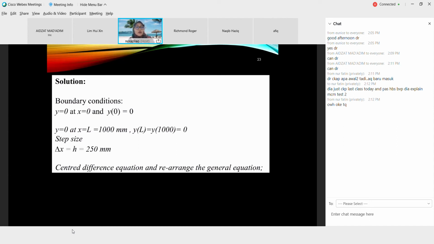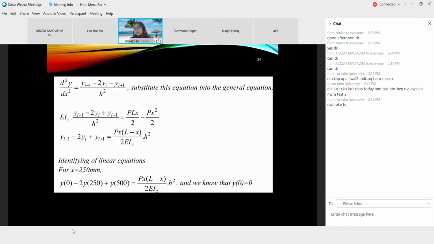If 4 points, of course, you need to prepare matrix 4 by 4. And then step size. For this problem, the step size given to us is 250. Okay, 1000 divide 250, so only 4 time to jump. Okay, so point only 3. Same way.